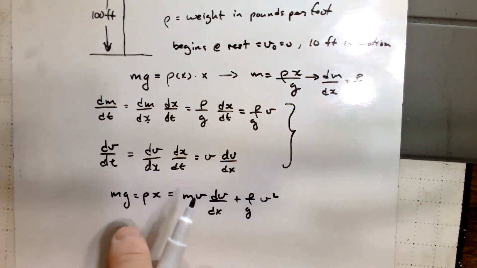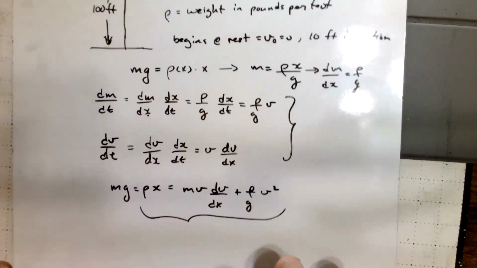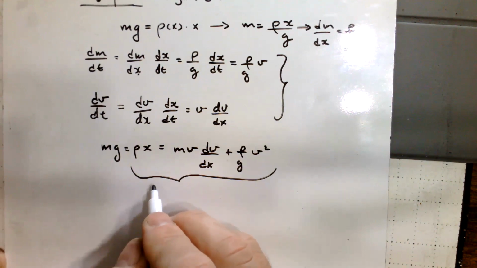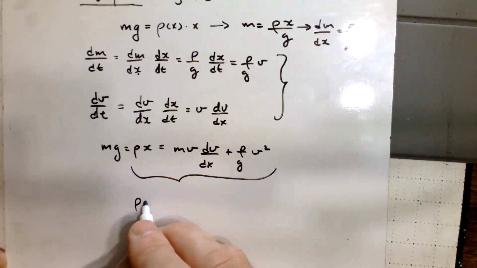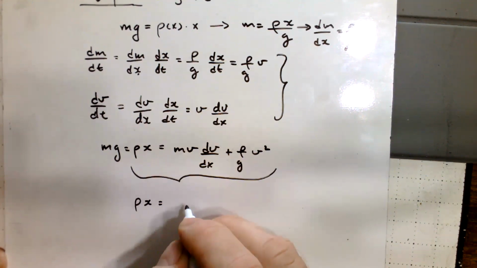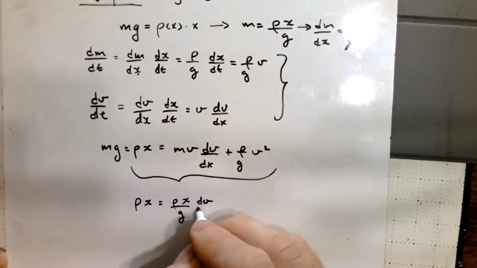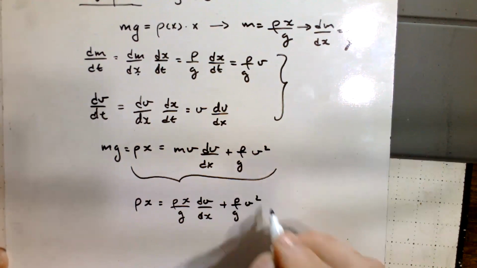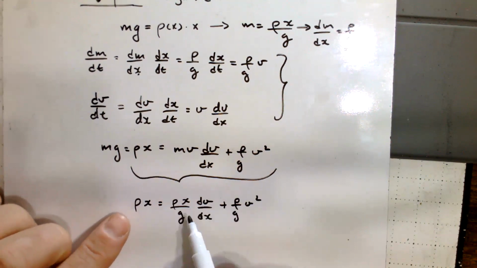Okay, all right, so let's consider this equation. It looks like m we can also express as rho x over g, so we have rho x equal to rho x over g times v dv dx plus rho over g times v squared. That's really handy because now I see a common factor of rho, which I can reduce to 1.